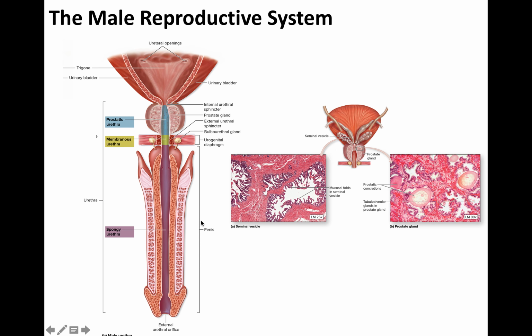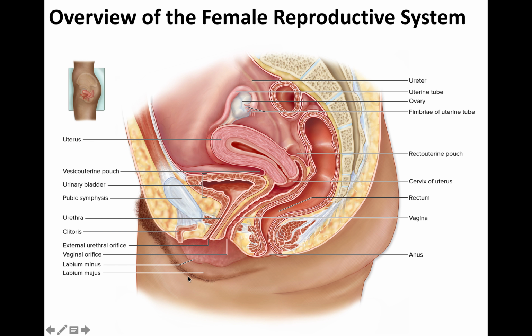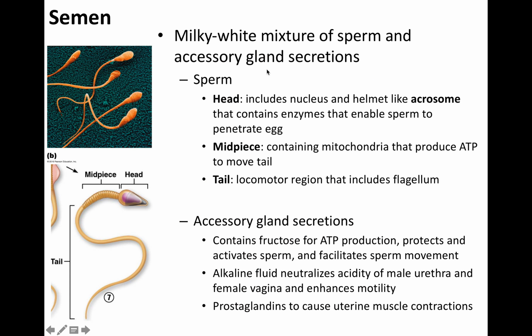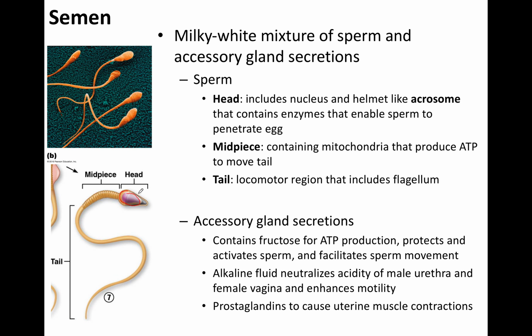Okay, so this is again just to show you, here's where the prostatic urethra is, the membranous urethra, the spongy urethra. So semen is going to be made of sperm as well as secretions. So sperm will have a head like this, and that head includes the nucleus or the DNA that is going to merge with the egg.